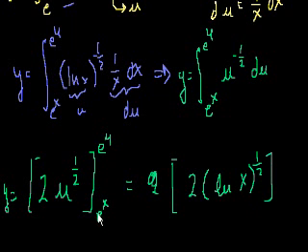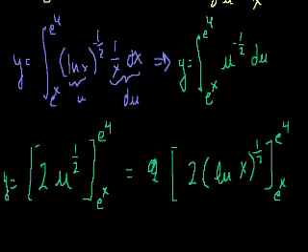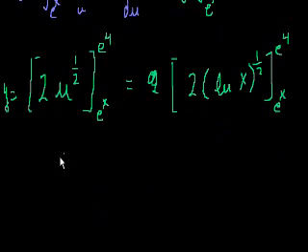And now we evaluate this from e to the x to e to the 4th power. And what does this become? We evaluate at e to the 4th first. I'll switch colors just to ease the monotony.